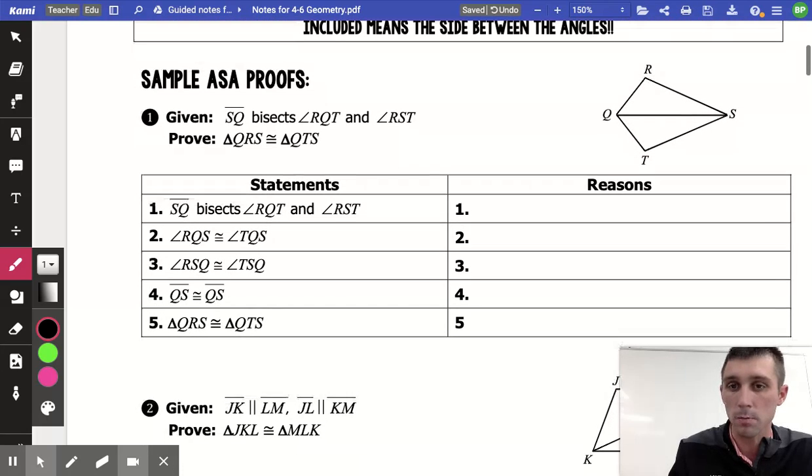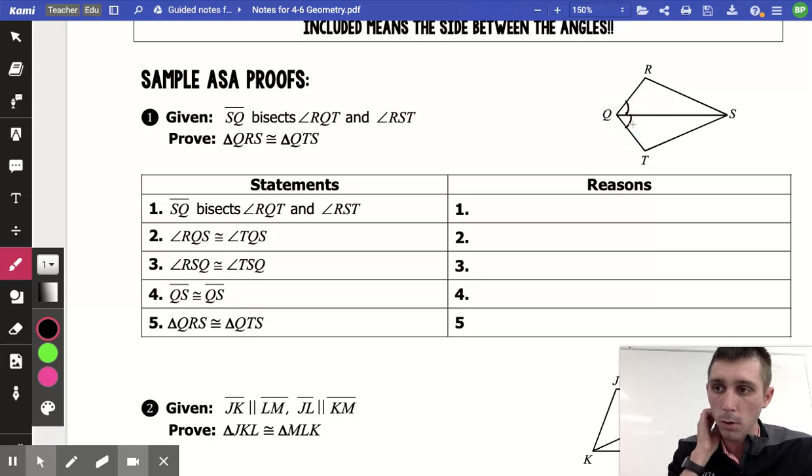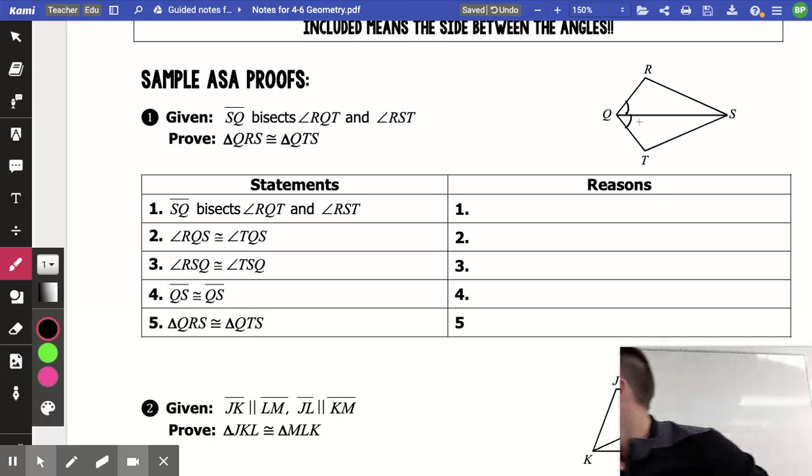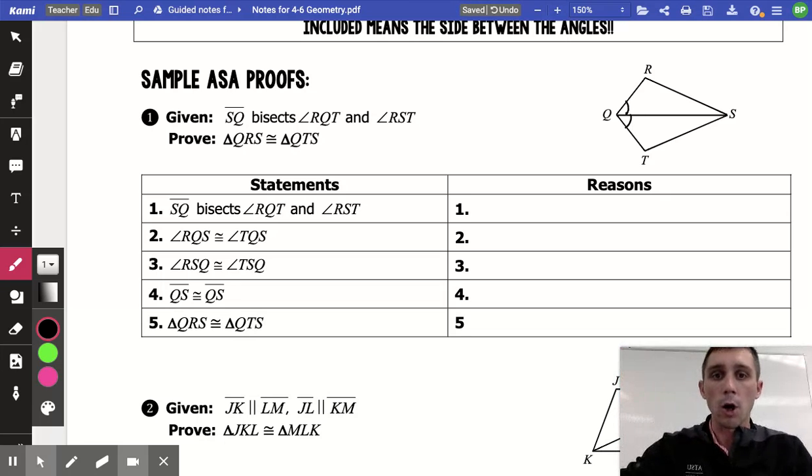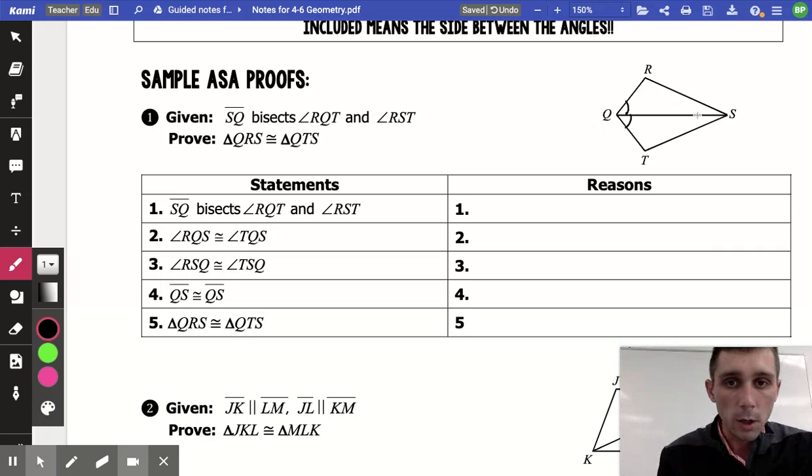So let's take a look at some sample proofs. Given SQ bisects RQT. So if it bisects it, it cuts the angle in half. So those two angles are now congruent. And it also bisects RST.